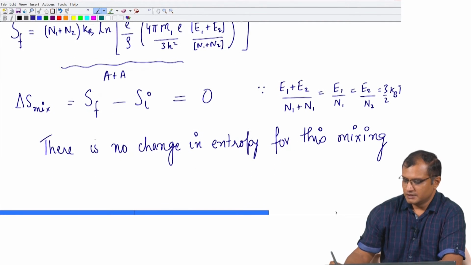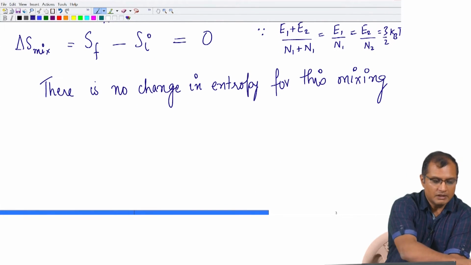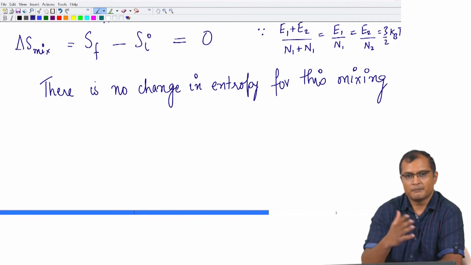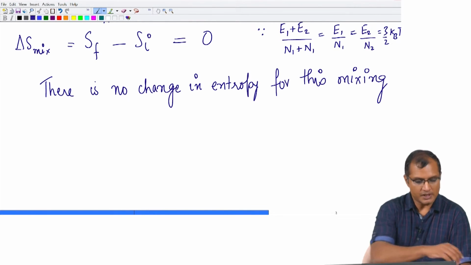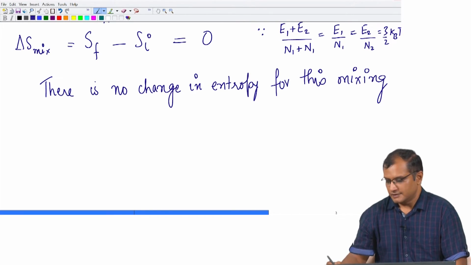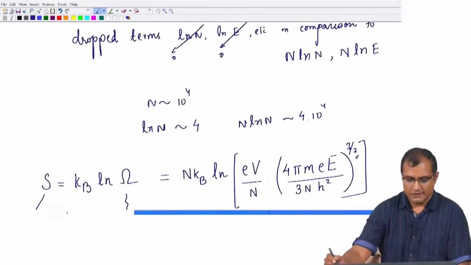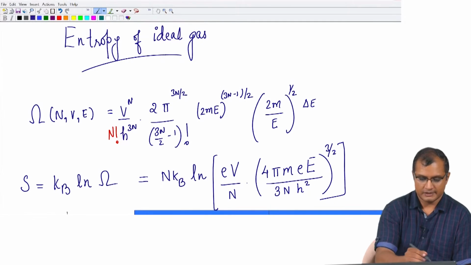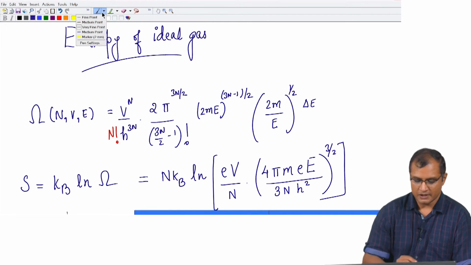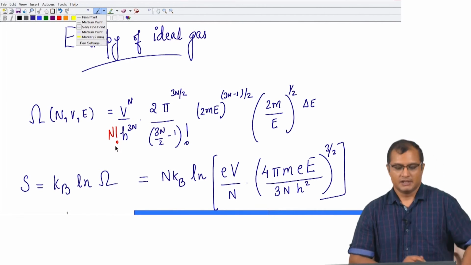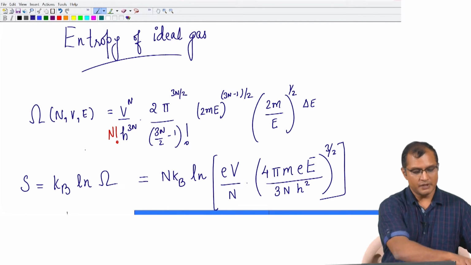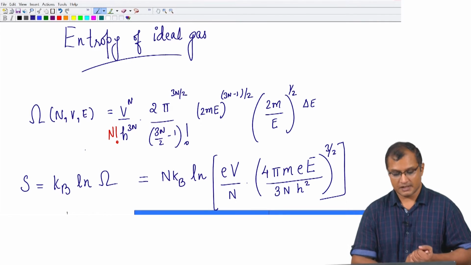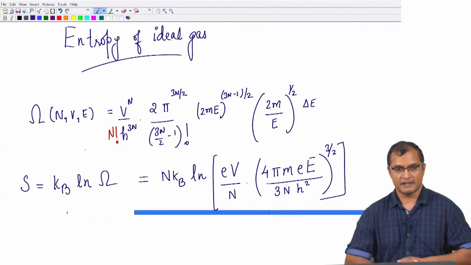So, if you had taken in your expression for number of microstates, so I am going to talk about this expression now. Remember this n factorial which is highlighted in red color. This stands only to safeguard your computations and to make entropy purely extensive.